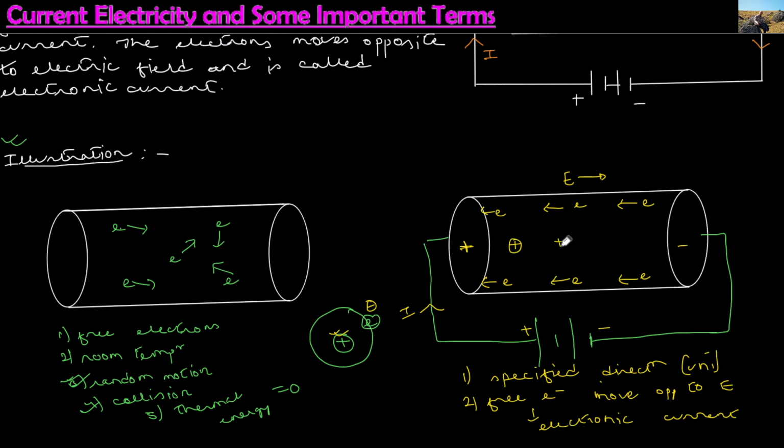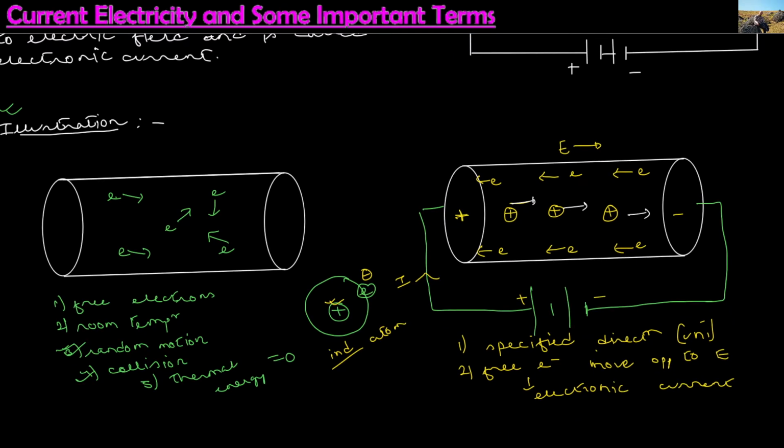All these positive charge ions of the individual atoms constituting this metal or conductor will be moving in a direction which is along the direction of E. They will move in the same direction as E.